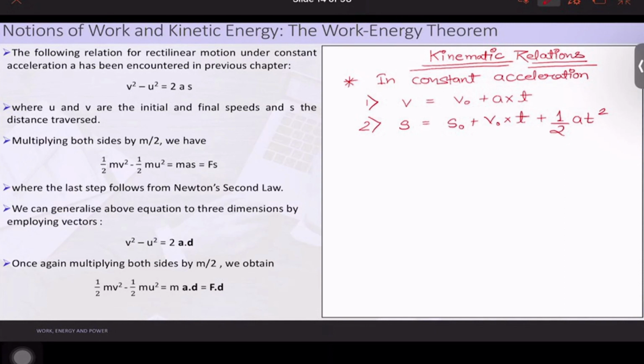If I write it in a more general form, with position vector r, then r is equal to r naught plus that. And the third was that the square of the final velocity is equal to the initial value, that is v naught square, plus 2 into a into r minus r naught. Right. So these are the kinematic relations.